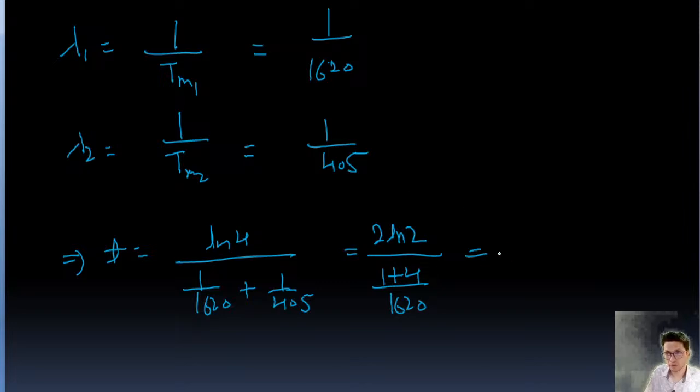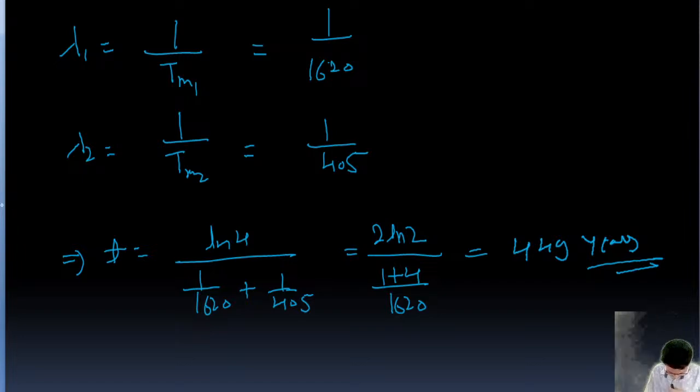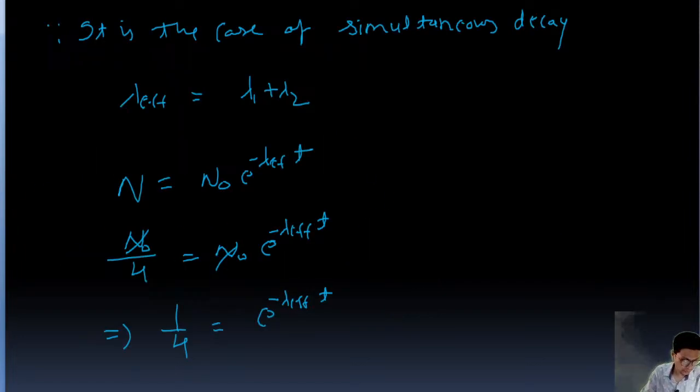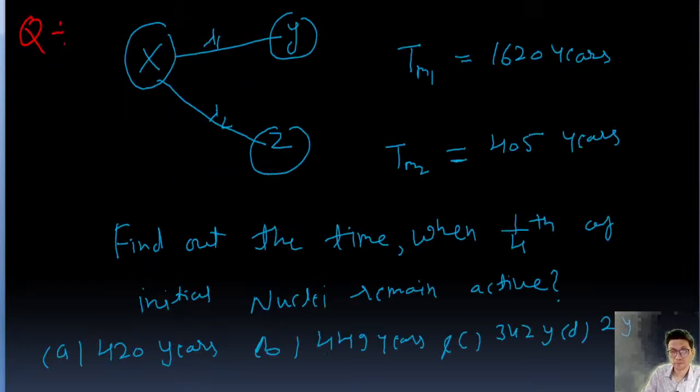You can put the value, ln 2 is 0.693. If you put the value, you are going to get almost 449. So this t value is going to be 449 years. Okay, so this is the answer. Which option is matching, guys? Let me check. 449 years. Option B is the correct option.